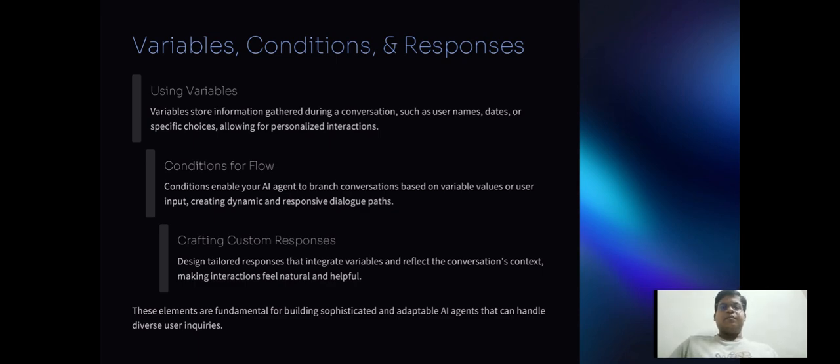Variables will be coming into picture while you will be clicking on ask a question, in which the variable will be storing the response for the question which would be answered by the end user.